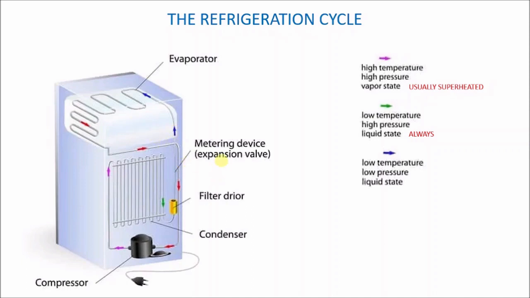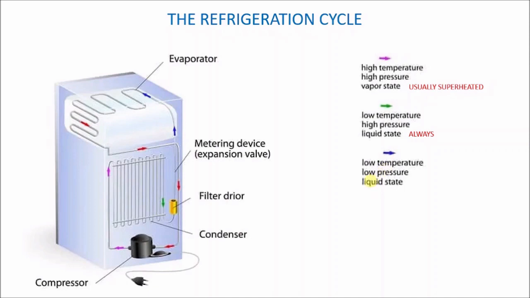And of course, because expansion has taken place, remember this component is called the expansion valve, you can expect the pressure to drop. So we had a high pressure after the condenser, then we go to the expansion valve, expansion takes place, so the pressure drops, because when you expand something, you increase its volume, okay? So the pressure will drop.